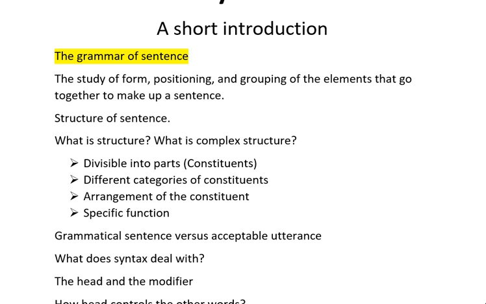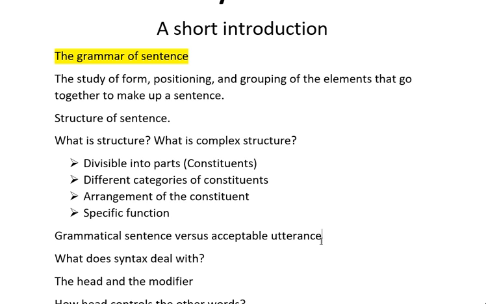Okay. Here I have written grammatical sentence versus acceptable utterance. Syntax, or the study of syntax in its purest form, is more concerned with the concept of grammatical sentence than with the concept of acceptable utterance.